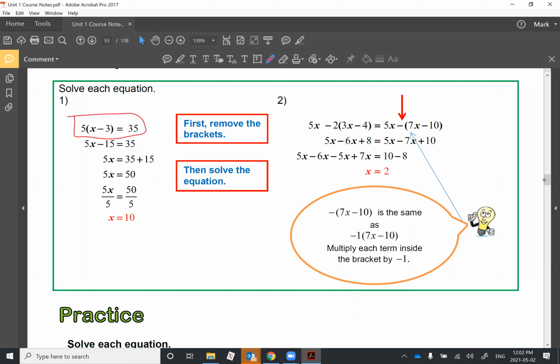So this equation and this equation. Now, if you're working a bit ahead, there is an easy way to solve number one. You can actually get rid of that 5 first, but we're going to keep our steps the same. By keeping our steps the same, we have some consistency.